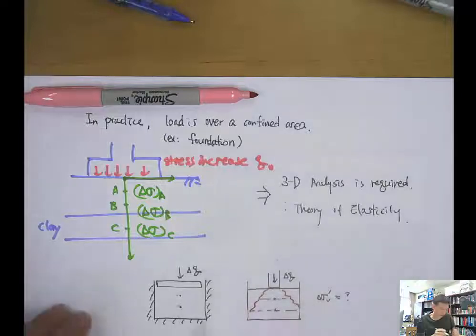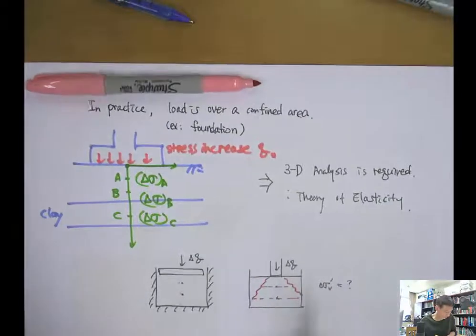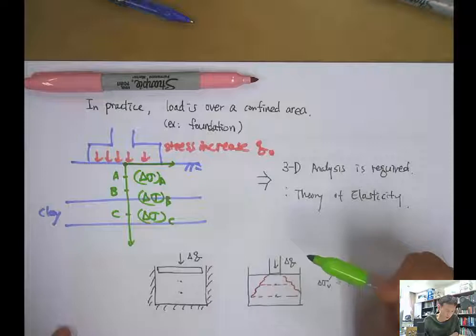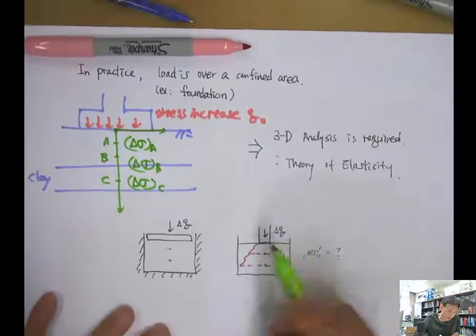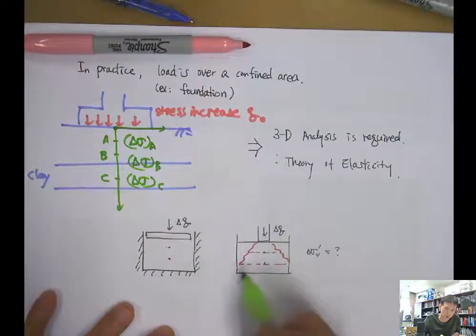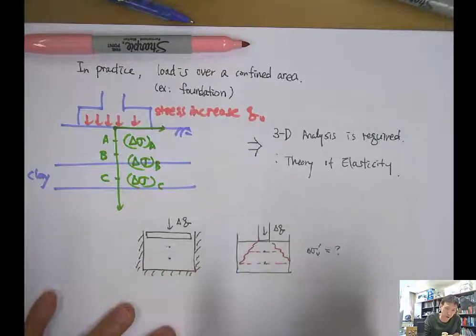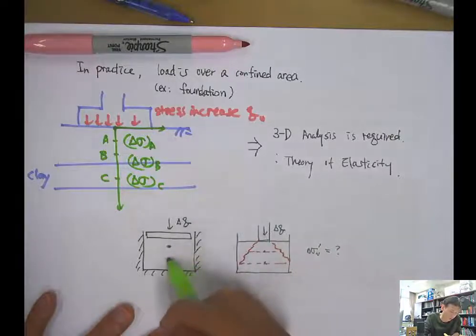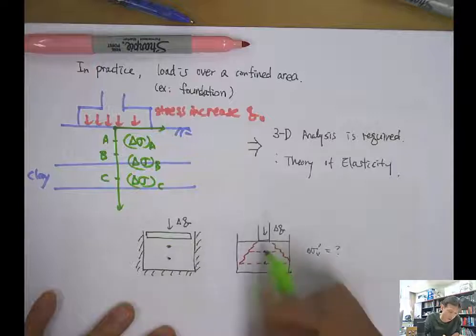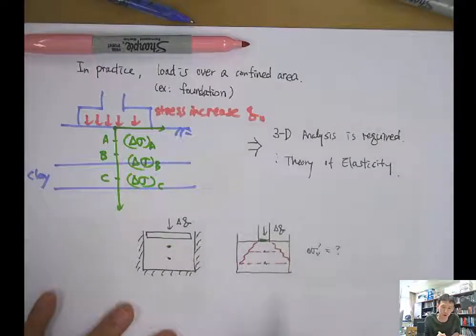The main mechanism can be explained with this comparison. You have a container with a certain width, and the loading area is the same as that container. In this case, the stress here and the stress here are the same. Now you have a loading plate that has a much smaller area than the container.